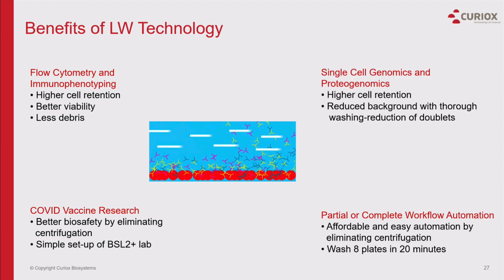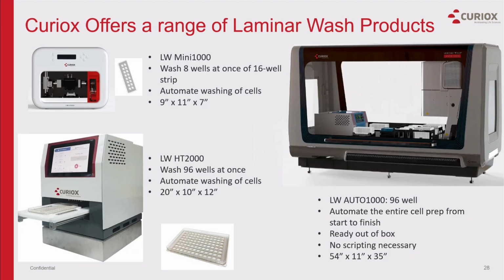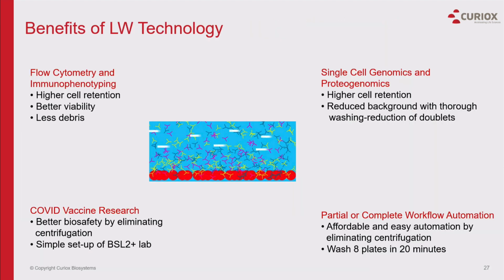I did not go over this in this particular talk, but this process has been used in single-cell genomics and proteomics and proteogenomics, where again, they need higher cell retention and fewer doublets. Especially if you're doing single-cell sequencing, doublets can lead to background issues if the cells are not washed thoroughly enough.